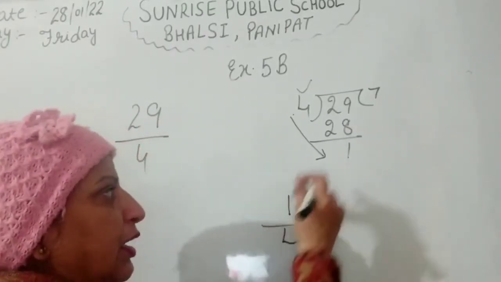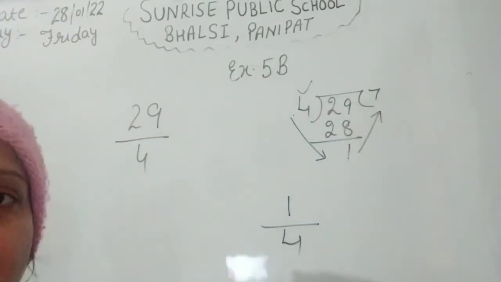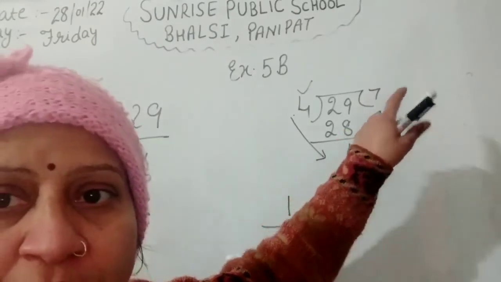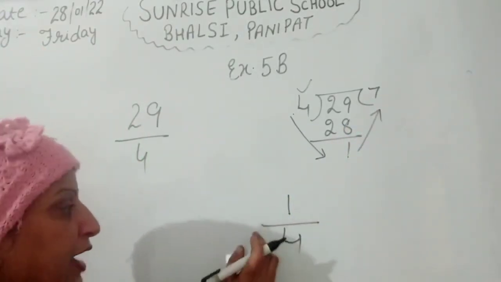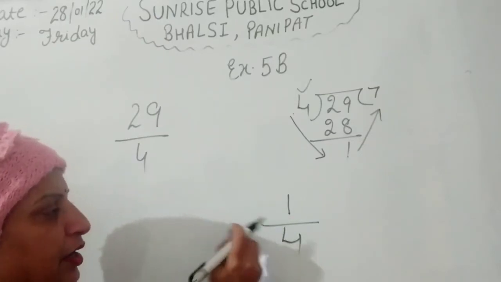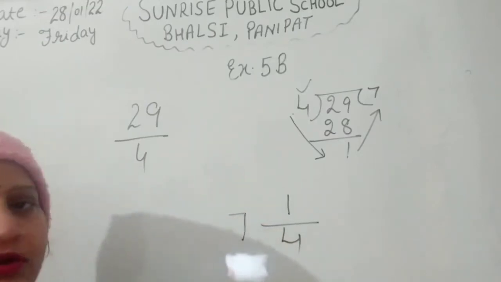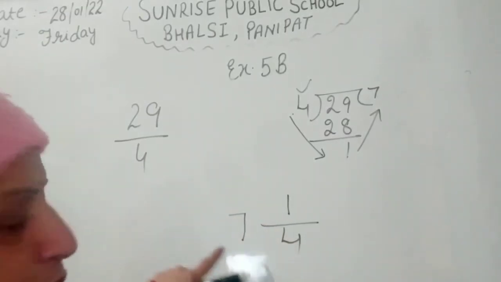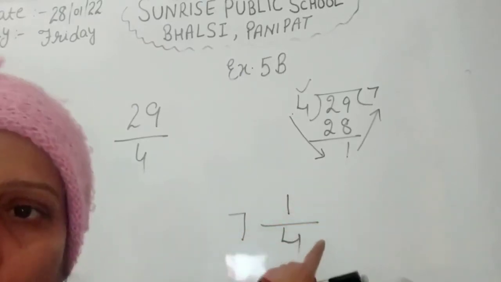So we read it as 7 combined with 1 by 4.